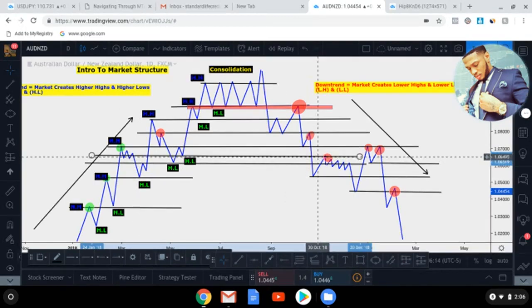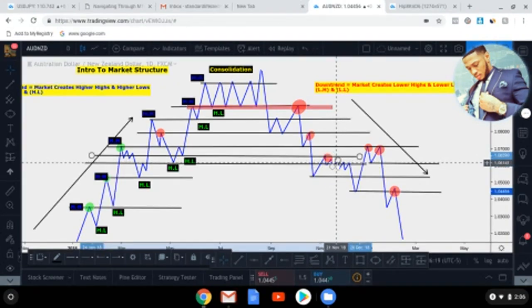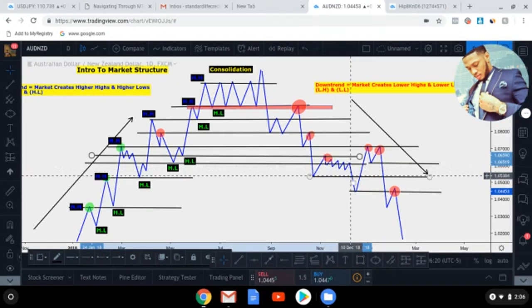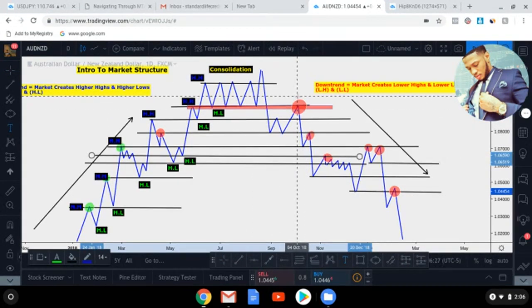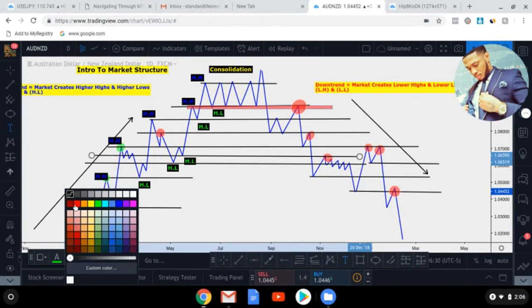Support. Resistance. And since I know we're in a downtrend, price is creating lower highs and lower lows in this area as well. So when you're marking up your downtrend, okay, you want to mark this up as well. You want to say, hey, this is a downtrend.